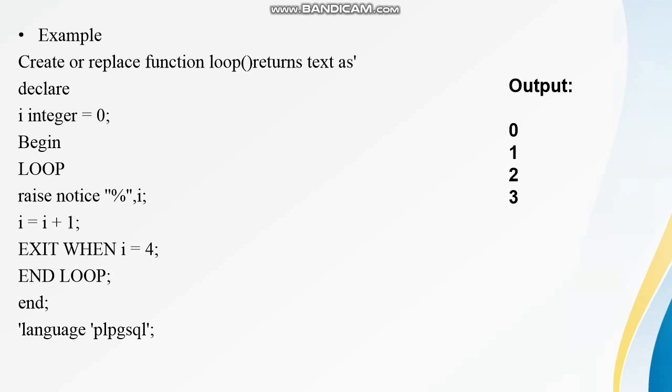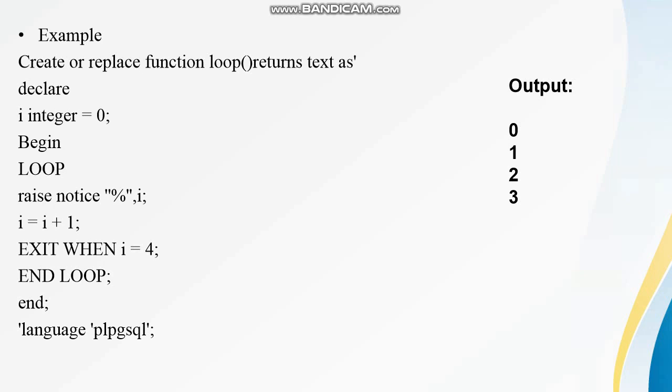Here we are incrementing the value of i by 1 and we have to EXIT when i equals 4. If we do not write this EXIT statement, there will be a problem and the loop will not know where to stop. It will keep on executing the statements inside the loop. Then END LOOP, END, and LANGUAGE plpgsql.